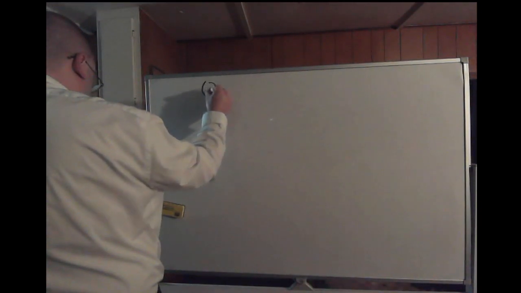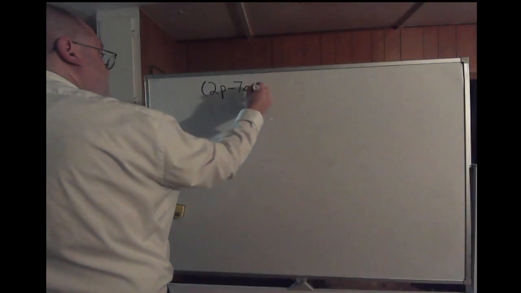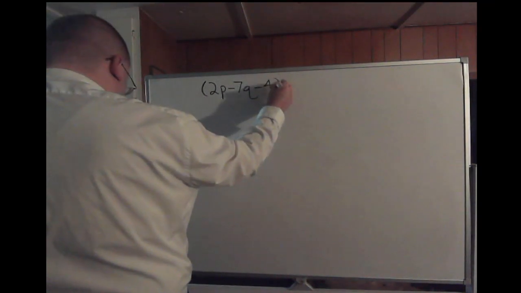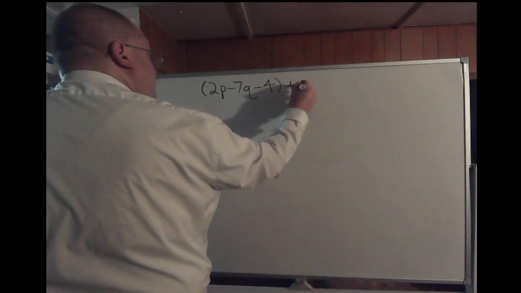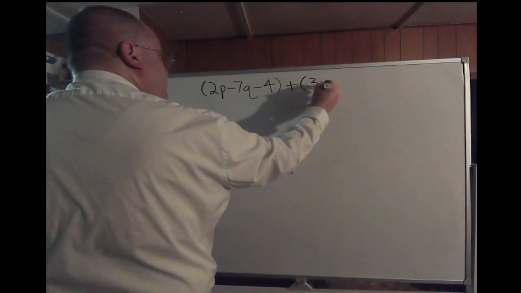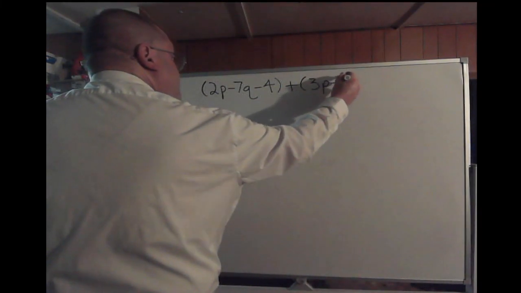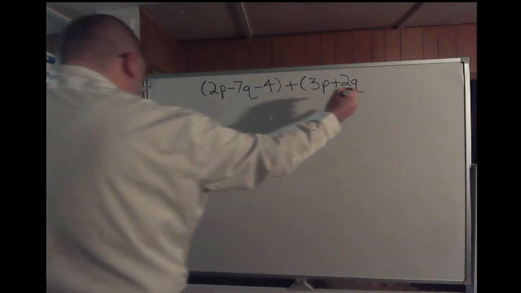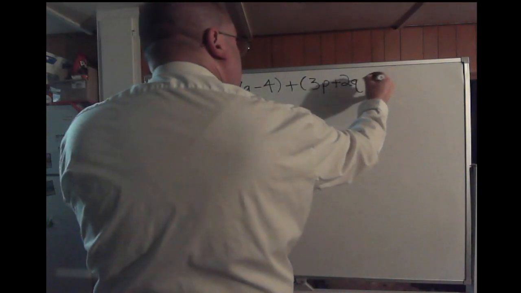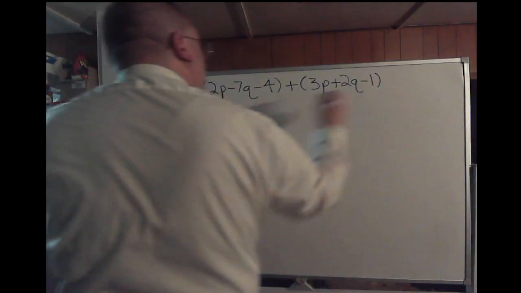Let's do 2p minus 7q minus 4, that quantity plus the quantity of 3p plus 2q minus 1. Alright.